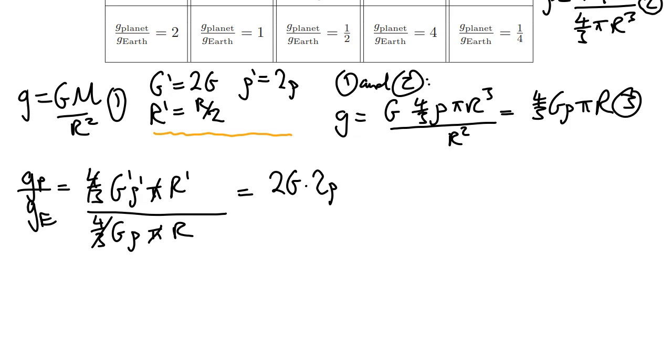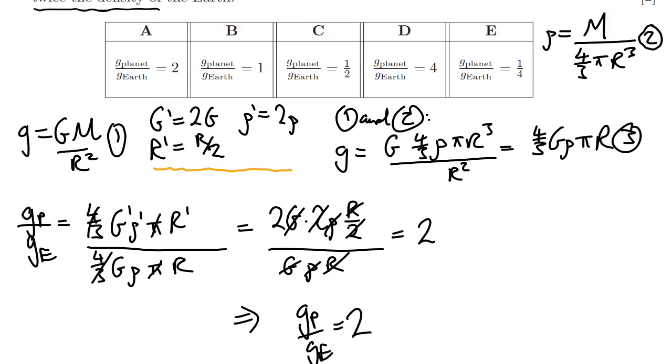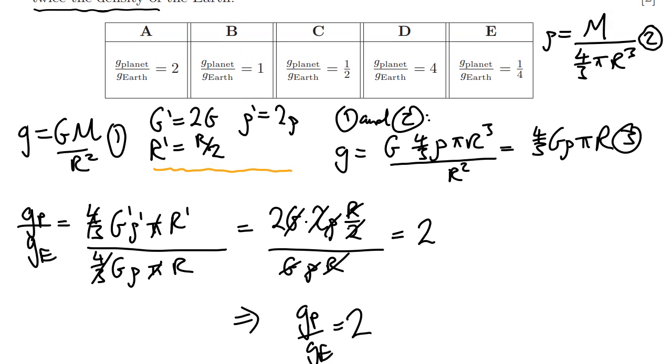We know that r dash is r over 2. So immediately we see that the twos can cancel off. And then again, we've got a G, a rho, and an r. The rho's cancel, the r's cancel, the G's cancel, and in the end we're left with 2. So writing that out nicely, we've got GP over GE equals 2. Therefore, the answer, as we can see, is A.